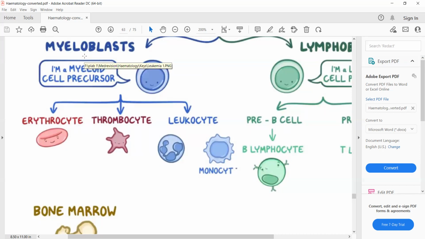There's a slight histological difference between myeloblasts and lymphoblasts. The myeloblasts differentiate into RBC, thrombocyte, and leukocytes, that is neutrophils, eosinophils, and basophils. So if on a peripheral blood film you see all stages of neutrophils, basophils, and eosinophils, then it will be a myeloblastic leukemia, either acute or chronic. And if you see lymphocytes, then it will be a lymphoblastic leukemia. So they are not the same, they are different.